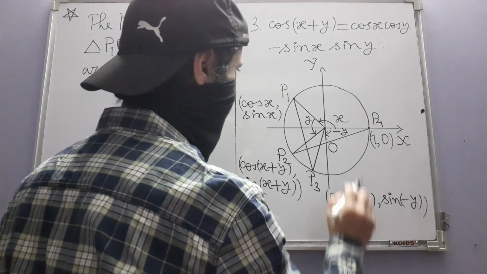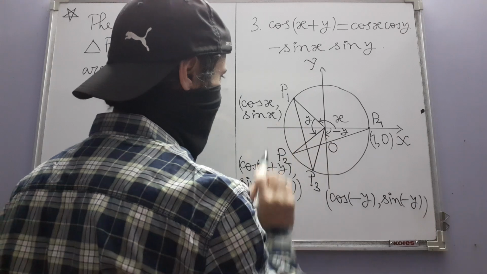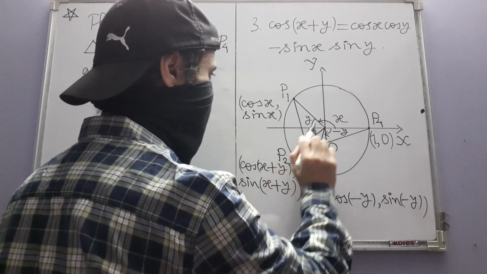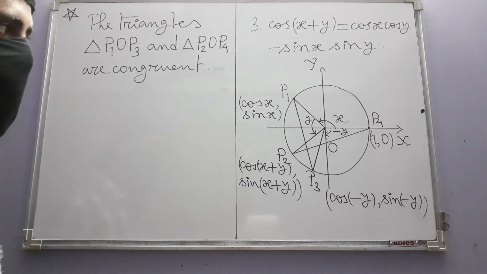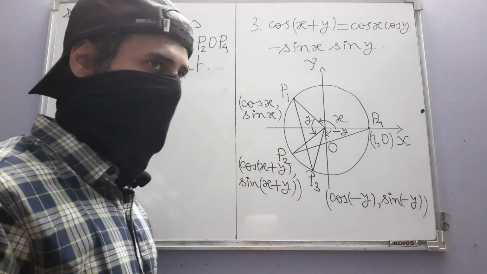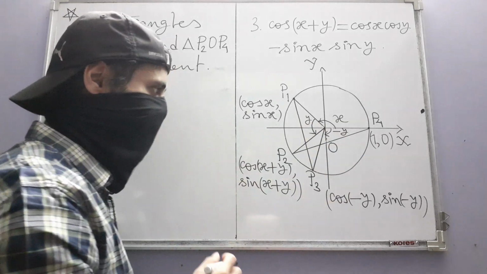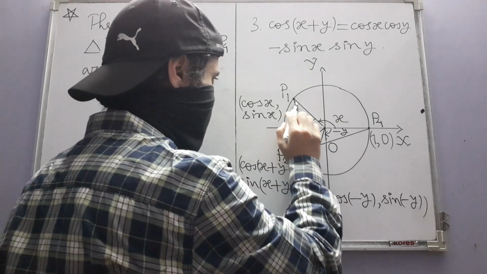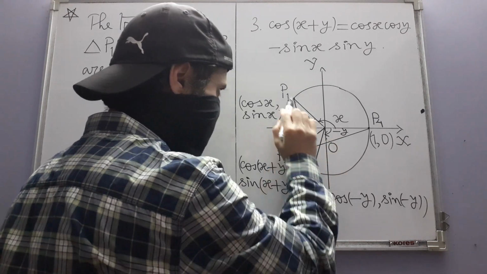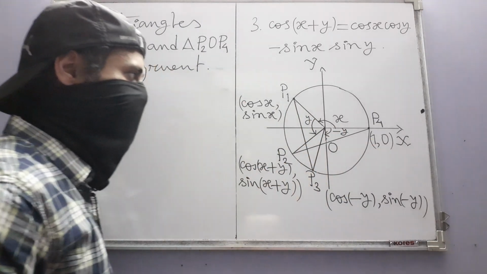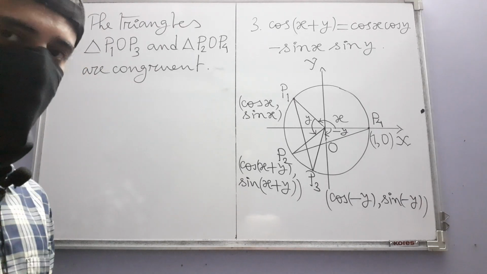For example, P1O is the same length as, say, P2O. Why? Because they are both radii of this circle. Actually, that length is 1. So this side from this triangle and this side from this triangle are having equal length.